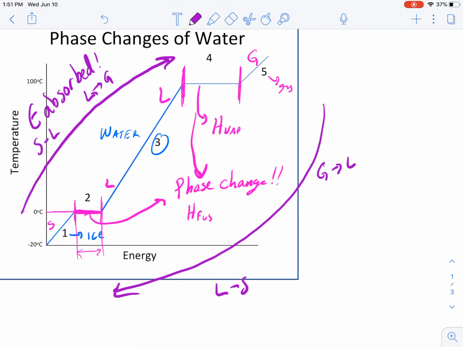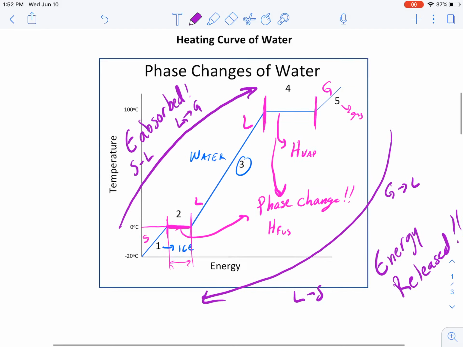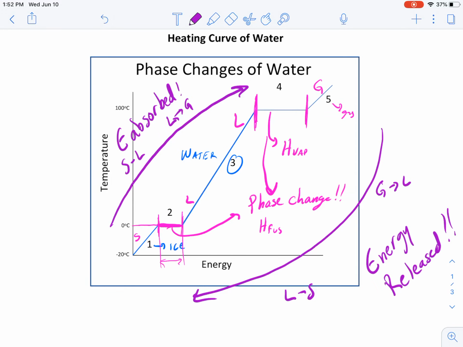When you go from gas to a liquid, you're recreating those bonds and energy is released. Which is super strange, because you think like going from liquid to a solid, that's freezing, but it's actually giving off heat. So that's one thing that students really get hung up on. And it's super important for you to know.